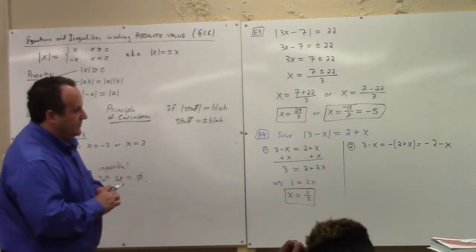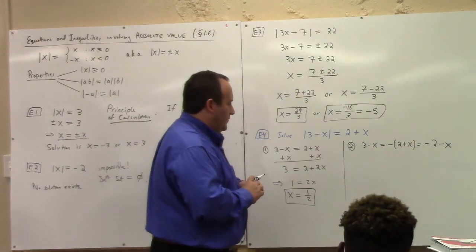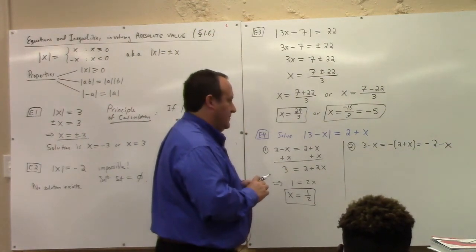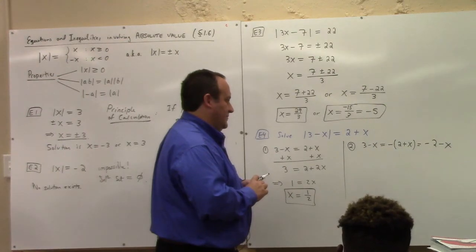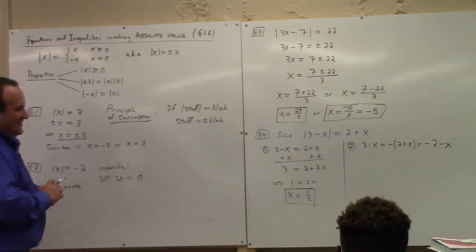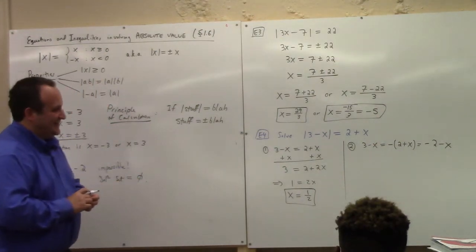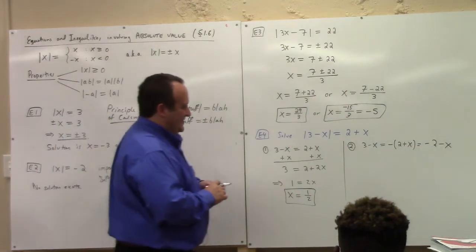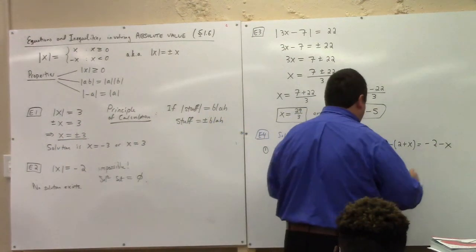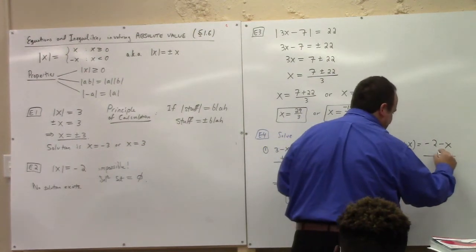And, oh, well, that's kind of funky. Oh, that's perverse. Look at that. So I got minus x on both sides. I add x to both sides. What happens?